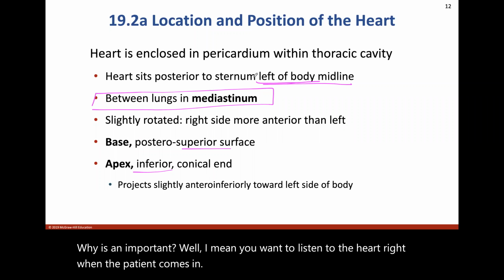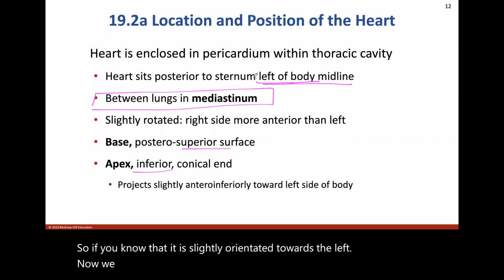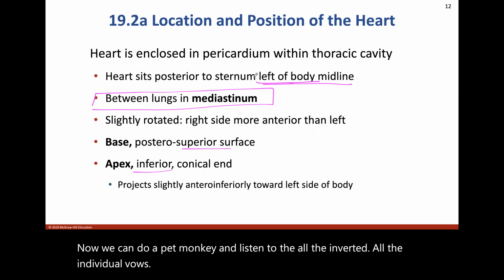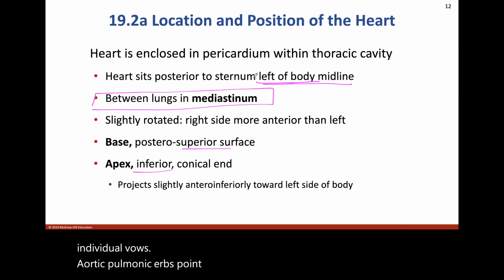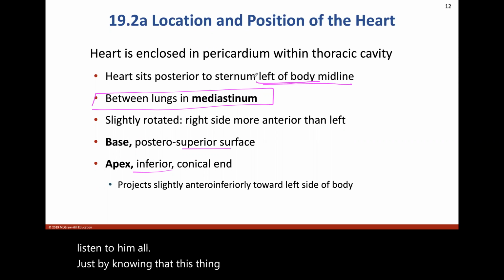So if you know that it is slightly orientated towards the left, well, now we can do our APE TM and listen to all the individual valves. Aortic, pulmonic, Erb's point, tricuspid, the mitral valve, we can listen to them all just by knowing that this thing is slightly to the left.